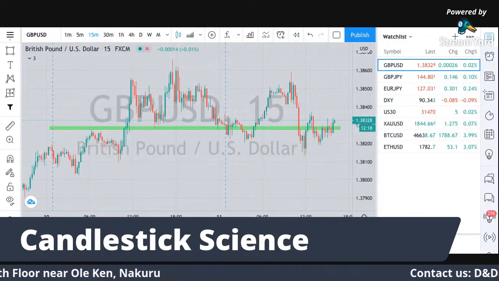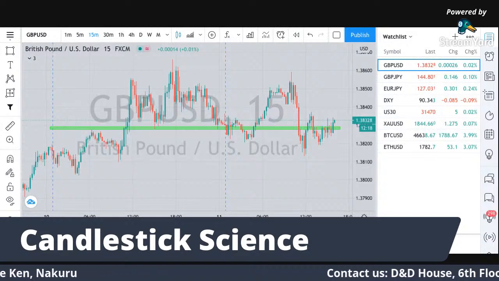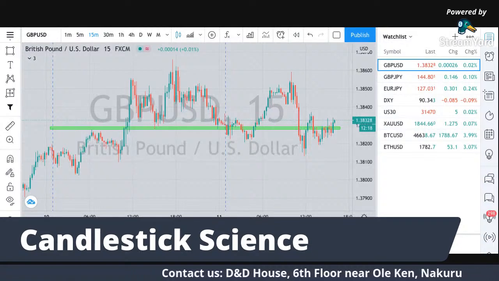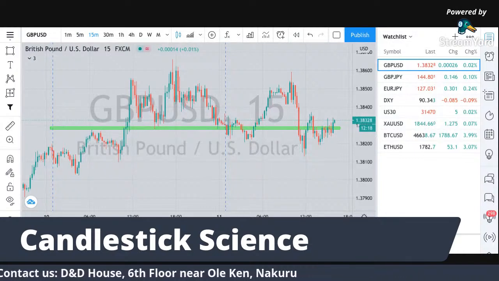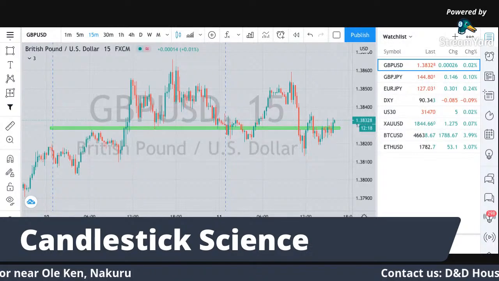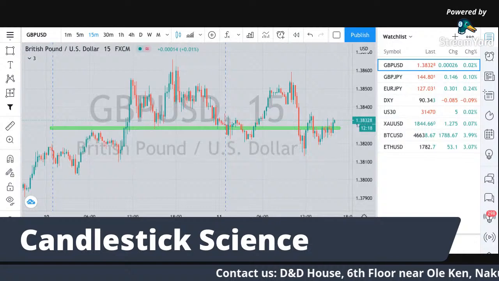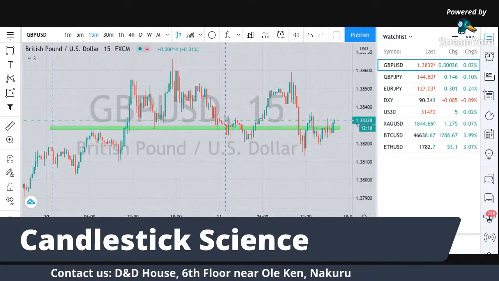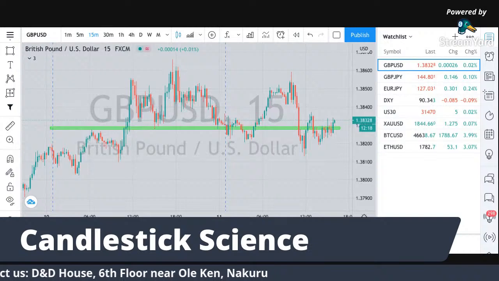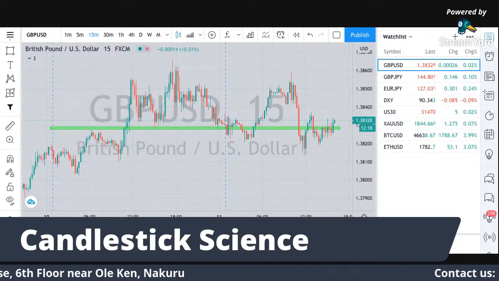Hapo ndio, like above this, above here, once it breaks this weak resistance. Okay, this one I'm expecting because once it breaks that, that is when I would enter, it is clean all the way up.